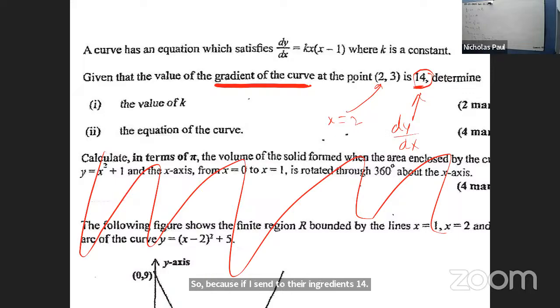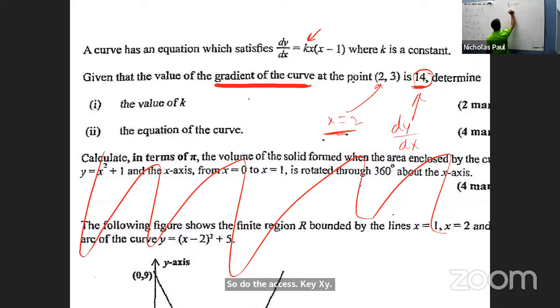So in order for you to find k, you have to put x is 2 and dy/dx is 14, and then go ahead and integrate it, right? So yeah, you have to find k first. So dy/dx is kx times x minus 1.